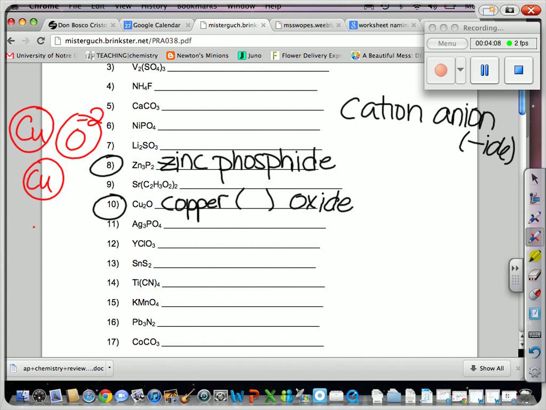I know that for ionic compounds, the overall charge has to be equal to 0. So if I want the overall charge to be 0, the charge of each copper has to be +1. This tells me that I'm dealing with copper(I) oxide.